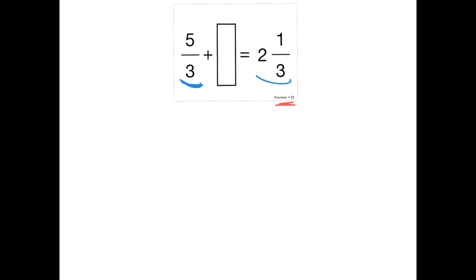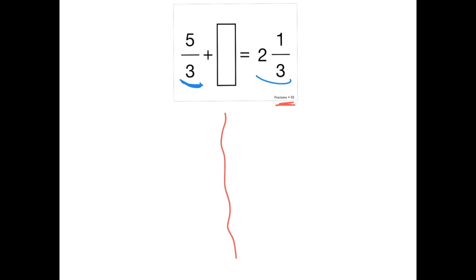So in this case, there's actually 2 ways that students have been exploring these kinds of questions. Option number 1 is to convert both numbers to improper fractions.